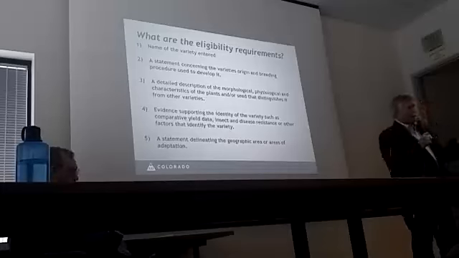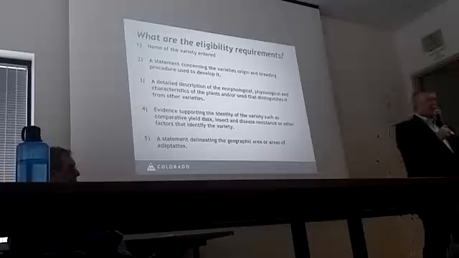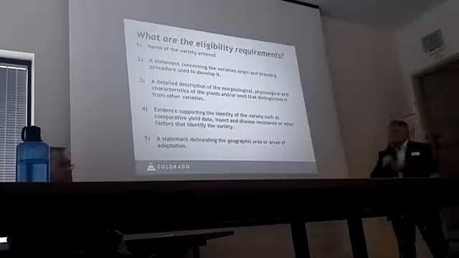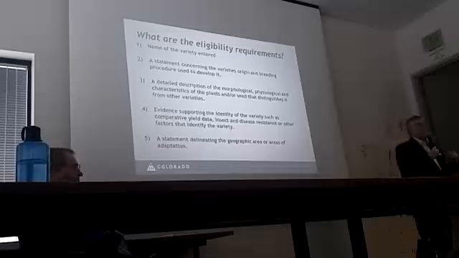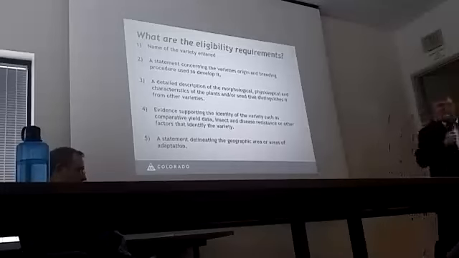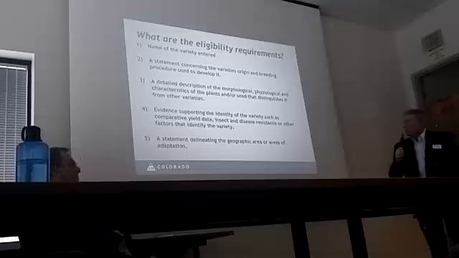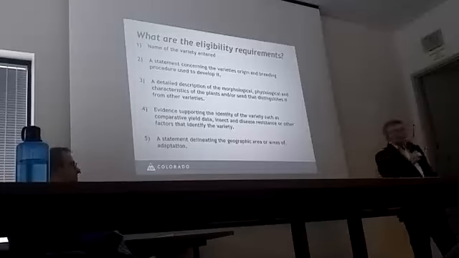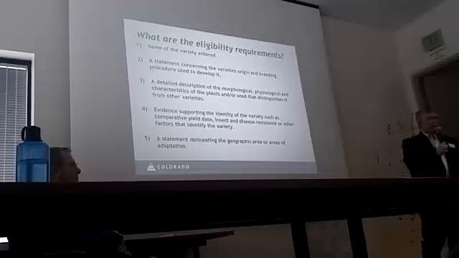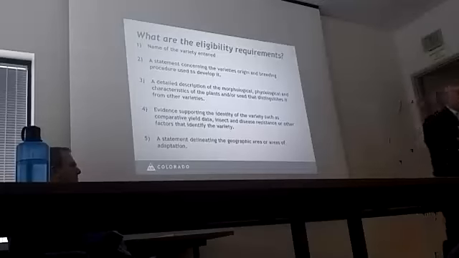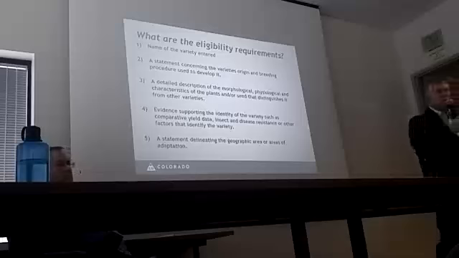That can be, it has this characteristic, it yields this, it has disease resistance, as it says. Anything that helps you identify that your variety is different from something else, okay? A statement delineating geographic areas or areas of adaptation, that's going to be really not all that important initially, as the variety has got to produce everywhere in the state below 0.3.